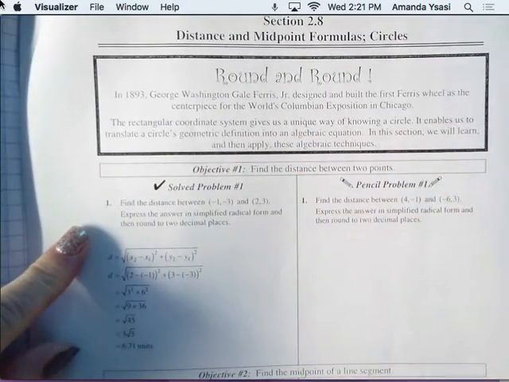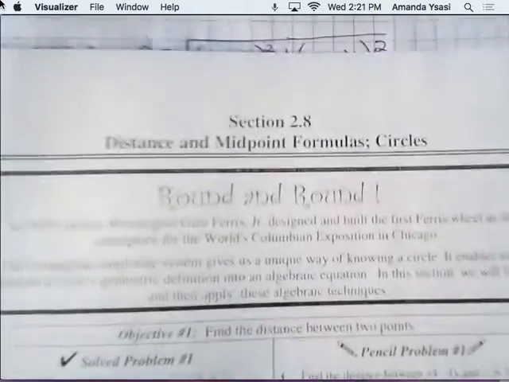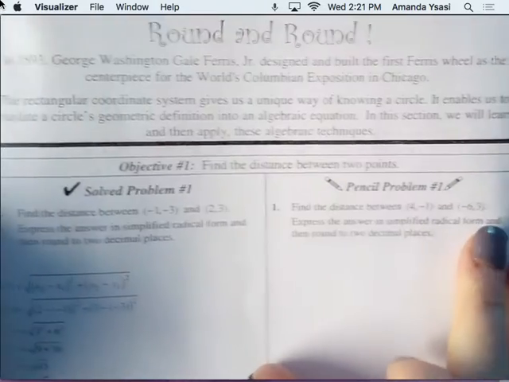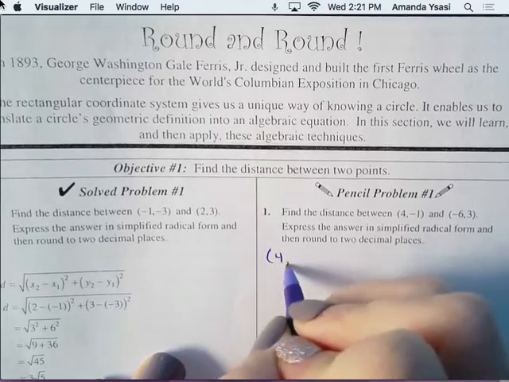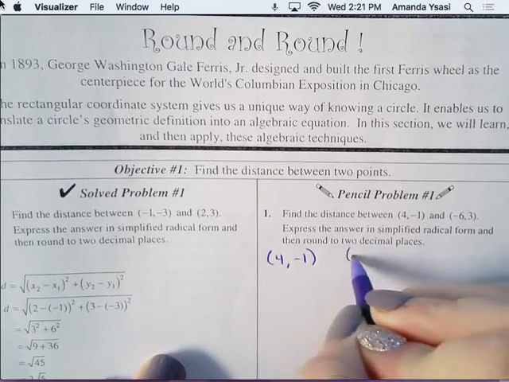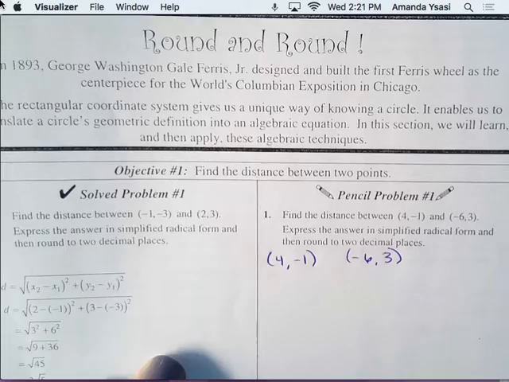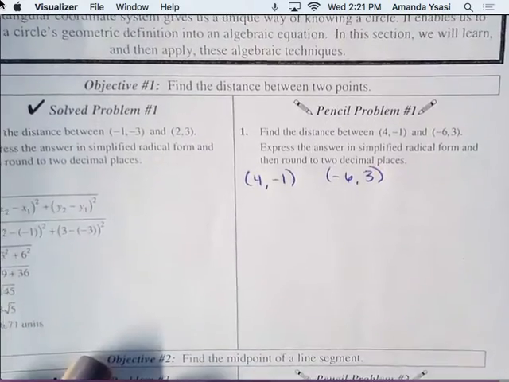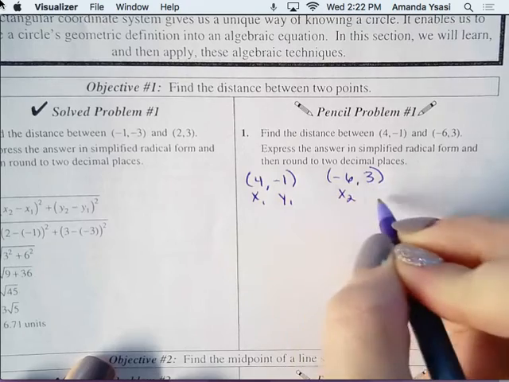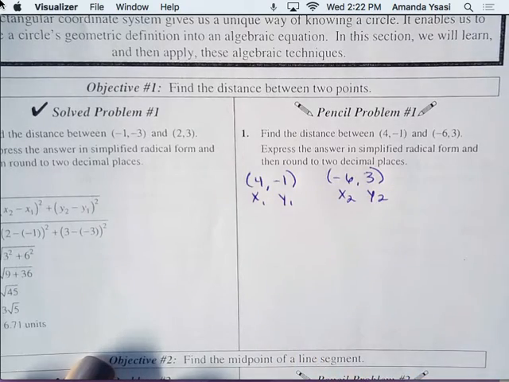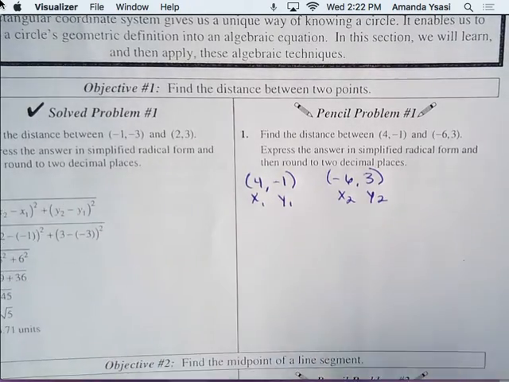is all about distance. In order to find the distance, you would just use the formula. I like to label them. I know my points are 4, -1, and -6, 3. So I would label my points x1, y1, x2, y2, and then plug them into the formula.